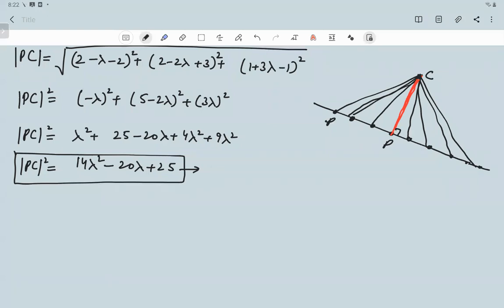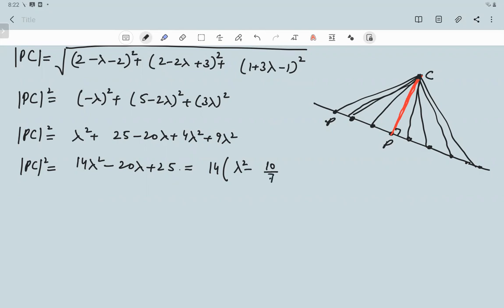Now, completing the square is equal to what? We take 14 common, it's lambda square over 10 over 7 lambda plus 25.